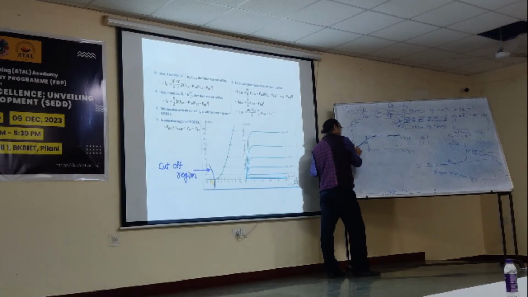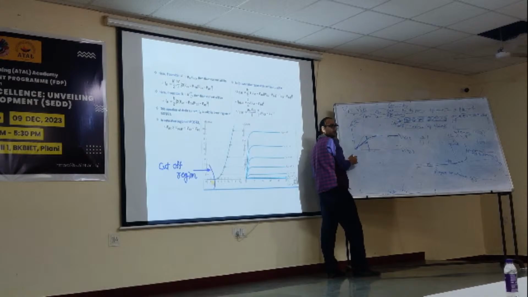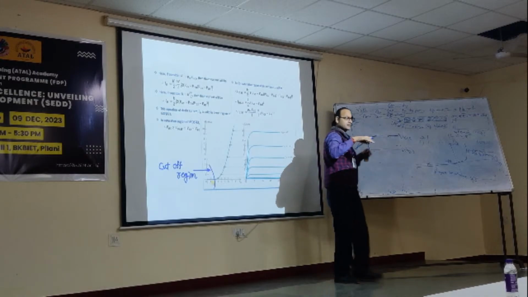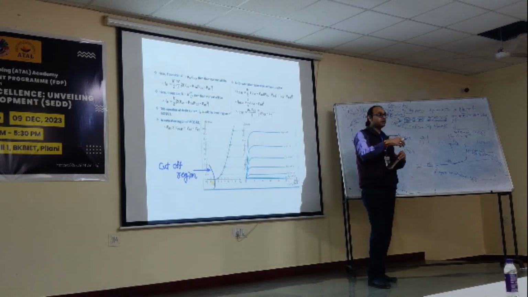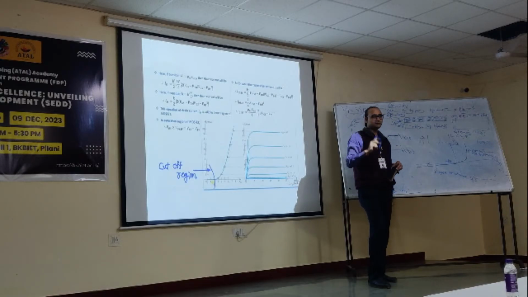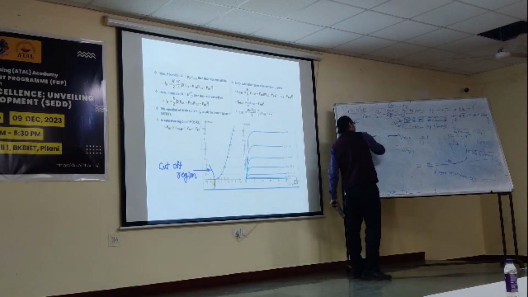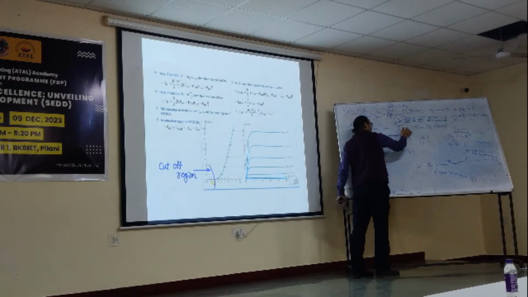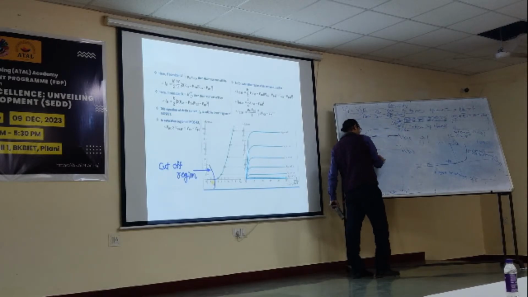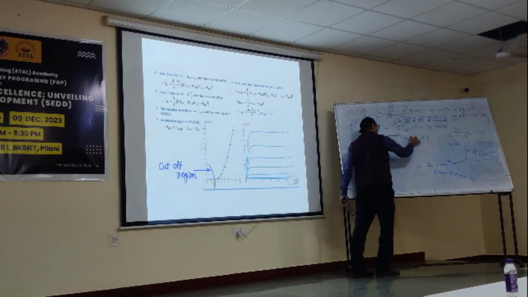What will happen? Obviously, this graph will shift. Why? More gate voltage means more inversion. More electrons are there now, and number matters: I is equal to n e A vD. So more electrons, so this will go higher, and again it will saturate. Say VGS2. It is very clear that VGS2 is greater than VGS1. If I decrease, then obviously it will go lower.